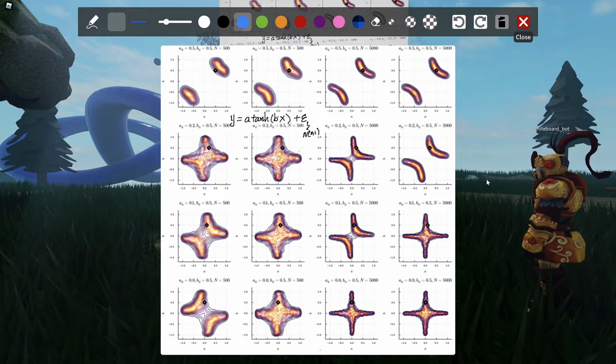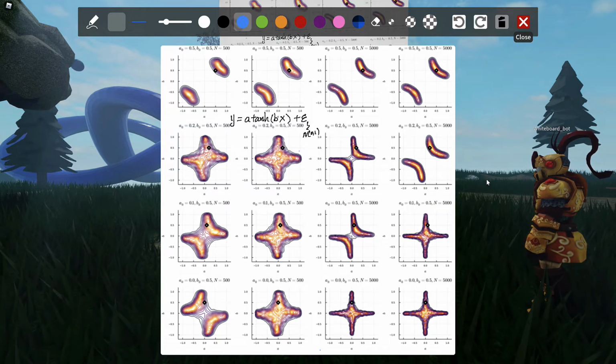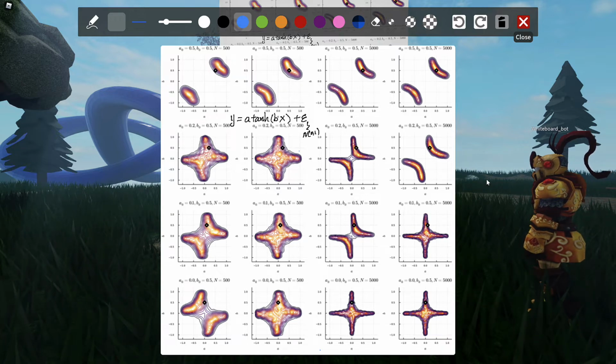So the noise of measurements of this process, which follow the law of y equal to a tanh(bx), the measurement noise is distributed as a normal distribution, normal with variance 1.